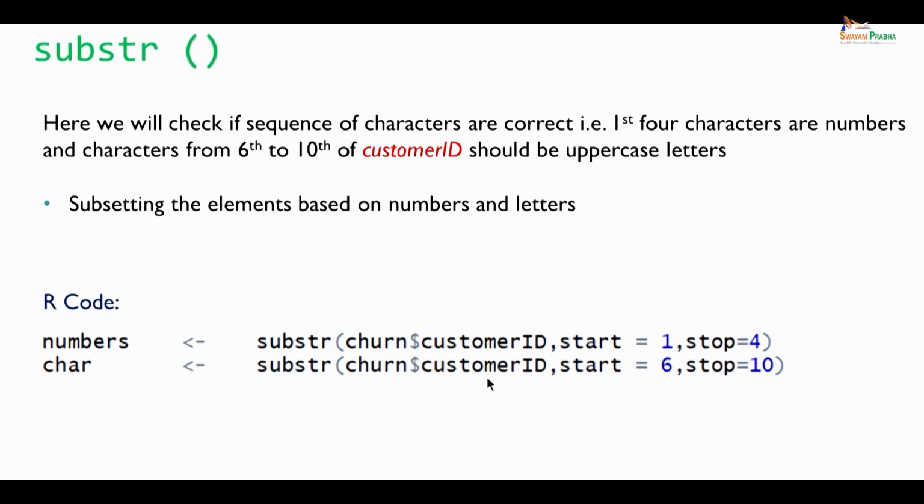The function remains the same, the start value and the stop value will change, because we know the 5th element is hyphen and the 6th to 10th elements should be uppercase letters. So, I am going to extract them and keep them as character, which is expressed in terms of CHAR. That is, 6th to 10th should be uppercase letters. So now I have 2 separate data frames which have numbers and uppercase letters.